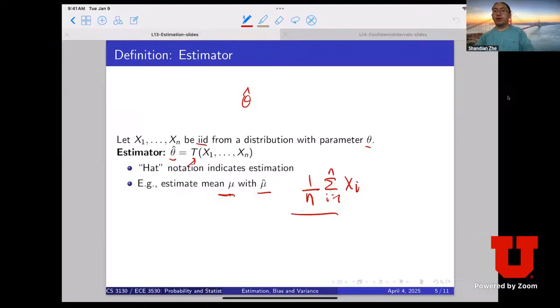Okay, so in the last lecture, we talked about estimators. It was based on a concept called statistics. So what is statistics? Assume you are doing some kind of experiment repeatedly. The most commonly used example is flipping a coin. You flip the coin, you see the outcome, and you can view it as a random variable.